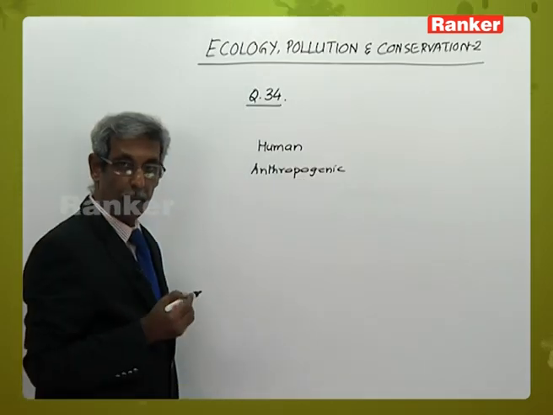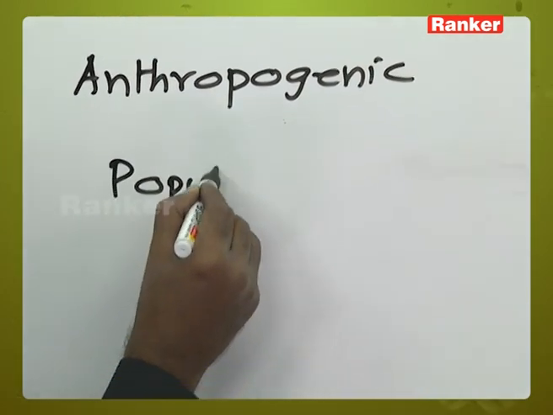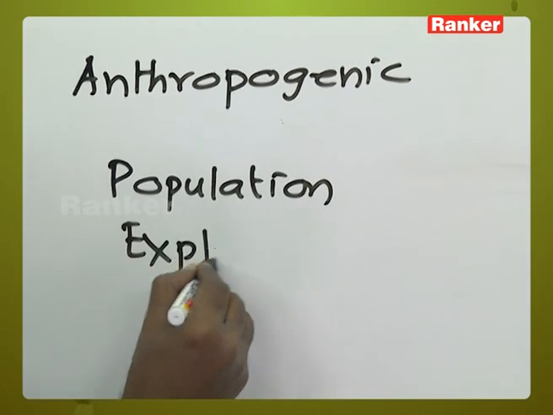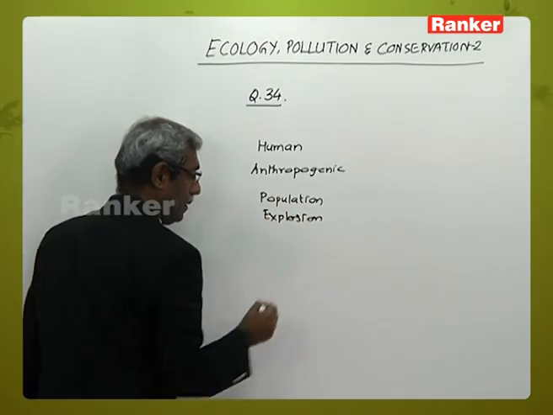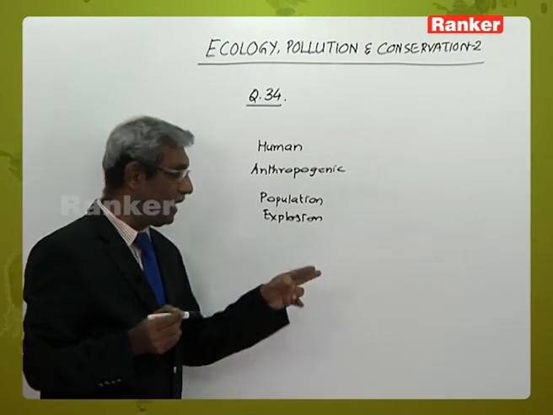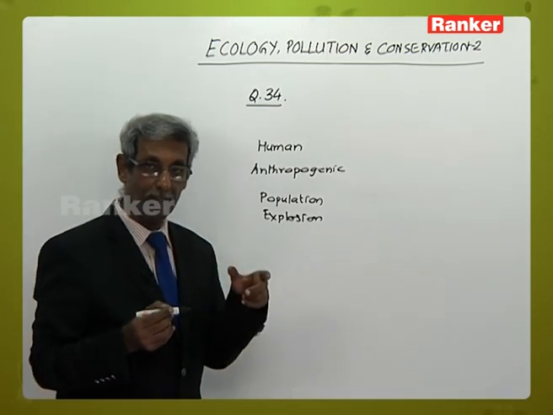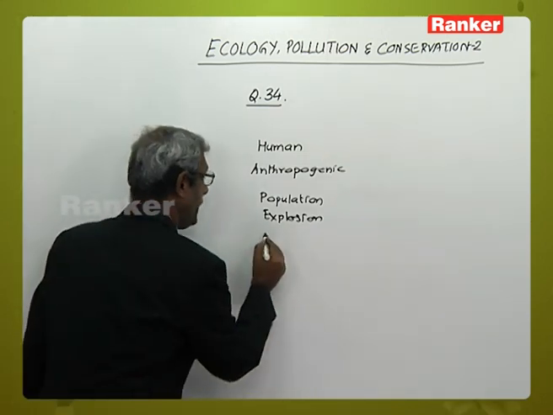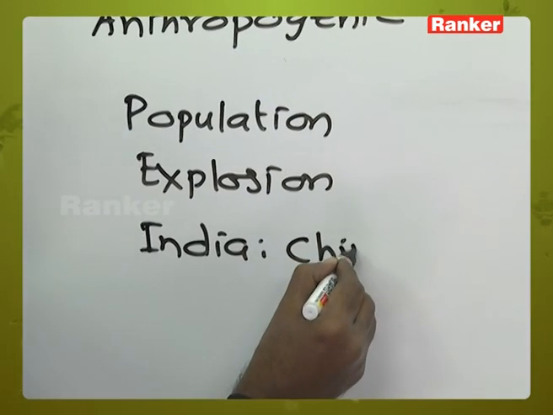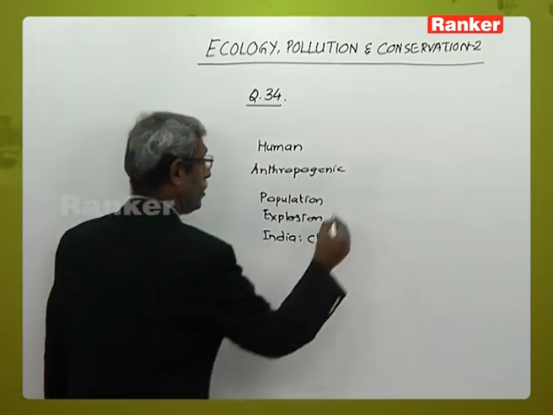So, due to anthropogenic effects, primarily which is contributed by population explosion, that is the high intensity of the people per unit area is termed as population explosion, and increase in population in time, which is very common in India and in China. So, this has led to primarily global warming.